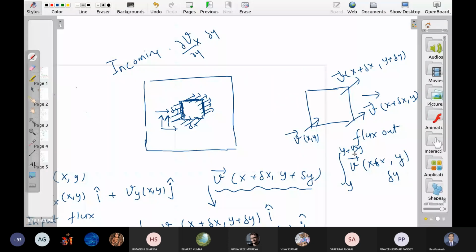Or we can keep it simple. Vector V here, xy.